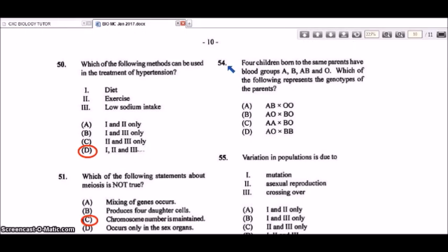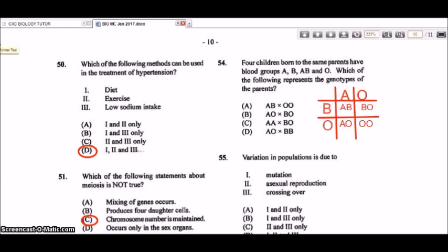Question 54. 4 children born to the same parents have blood groups A, B, AB, and O. Which of the following represents the genotypes of the parents? So I did the genetic cross for you.